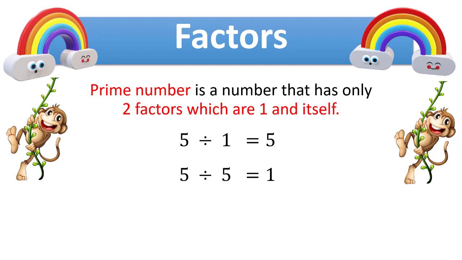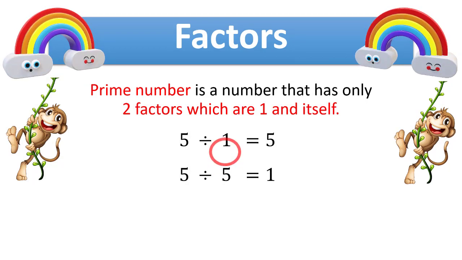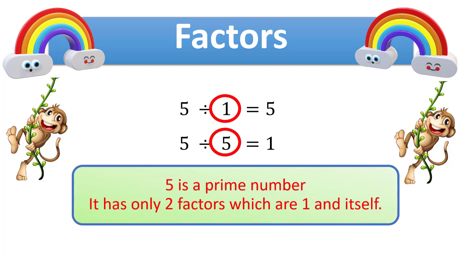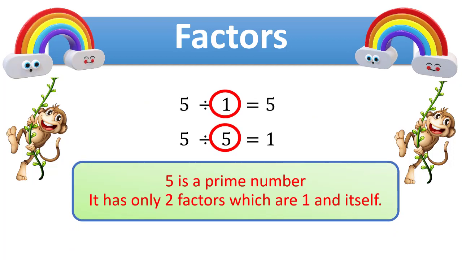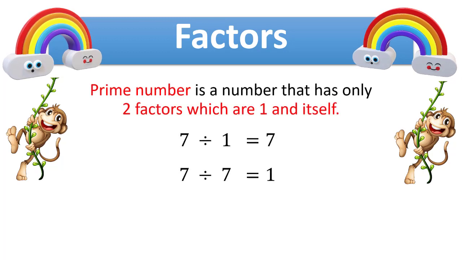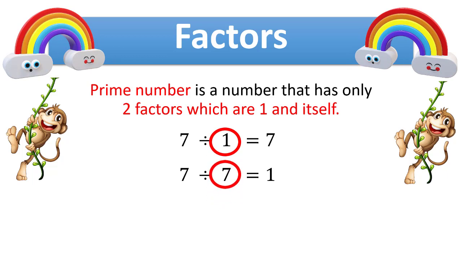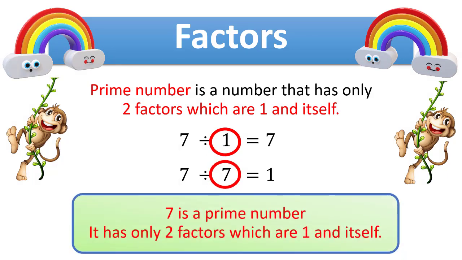Look at number 5. 5 divided by 1. 5 divided by 5. So 5 is a prime number because it has only 2 factors, which are 1 and itself. Look at number 7. So 7 is a prime number because, excellent.